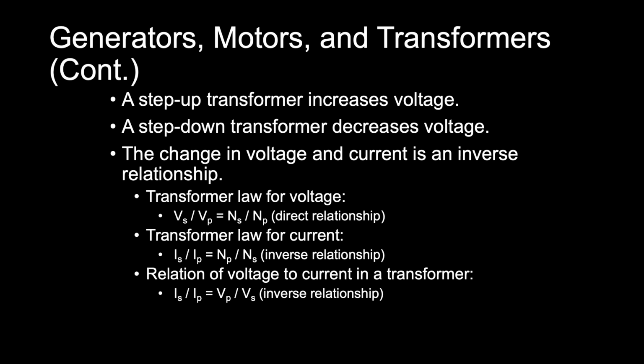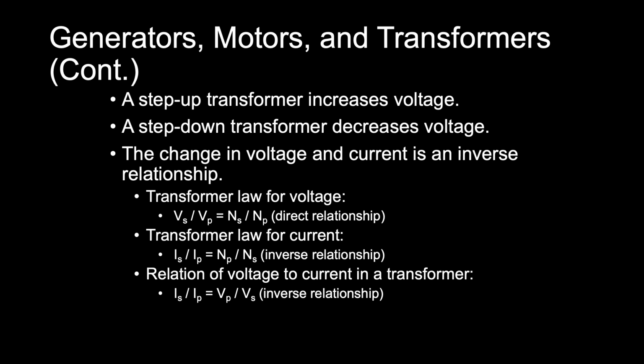The relation of voltage to current in a transformer is Is divided by Ip equals Vp divided by Vs. This is also an inverse relationship. And for an example, if a transformer has an input voltage of 110, an input current of 5 amps, and an output voltage of 550, what is the output current?